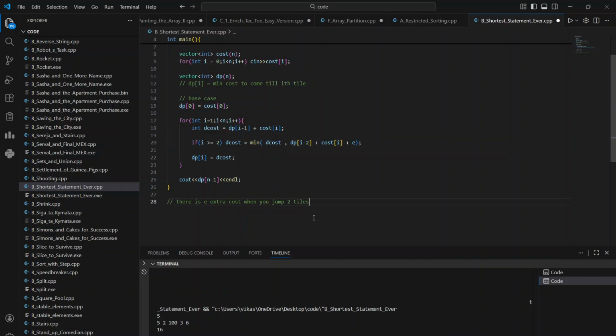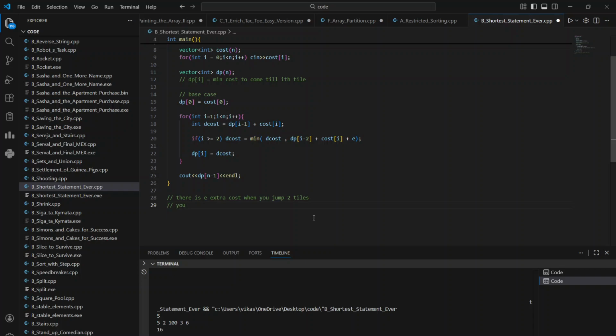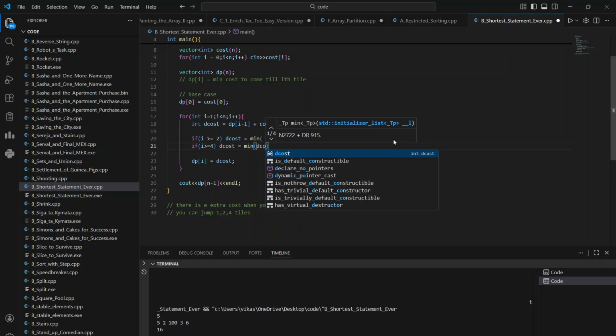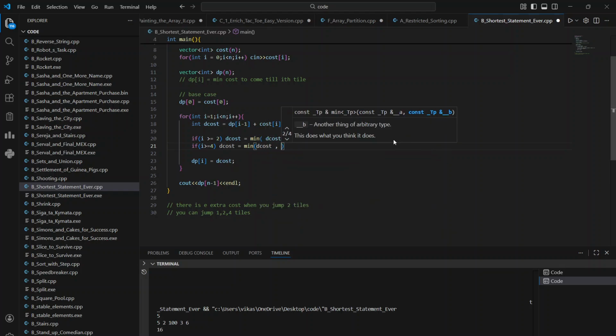So let's say you can jump 1, 2, or 4 tiles. Right. Now what will you do? Again, this is a simple one. If i is greater than or equal to 4, d cost is equal to the minimum of d cost and dp of i minus 4 plus cost of i.